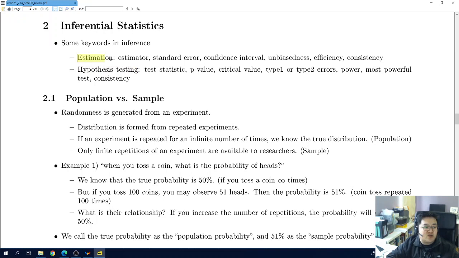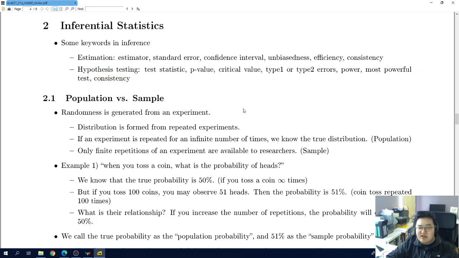When you study estimation, you may have heard about the estimator, what the standard error of the estimator is, what the confidence interval is, and whether the estimator is unbiased or not, efficient or not, or consistent or not, right? In hypothesis testing, there are some jargons like test statistic, p-value, critical value, type 1 error, type 2 error, power, most powerful test, and consistency.